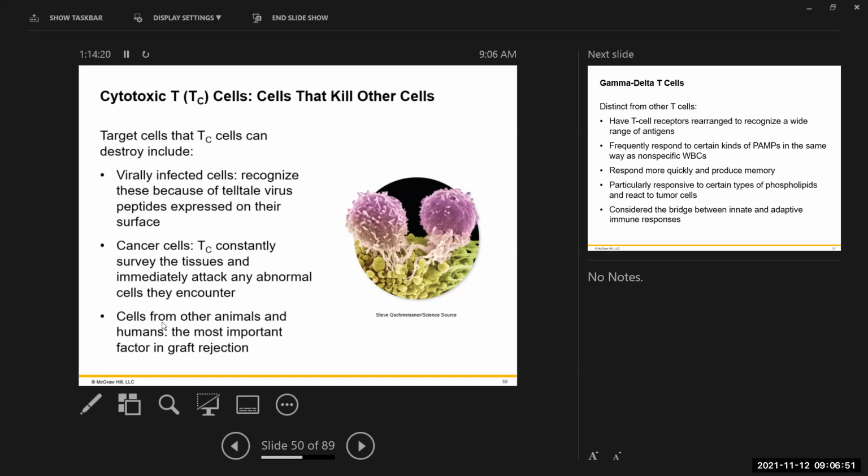Cytotoxic T cells will also destroy cancer cells because cancer cells will sometimes make weirdo proteins on their cell surfaces. This is the basis behind a new therapy for certain types of cancers called immunotherapy.